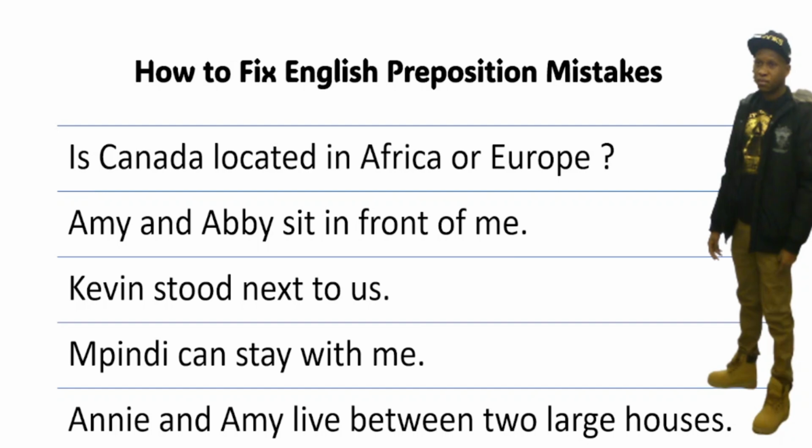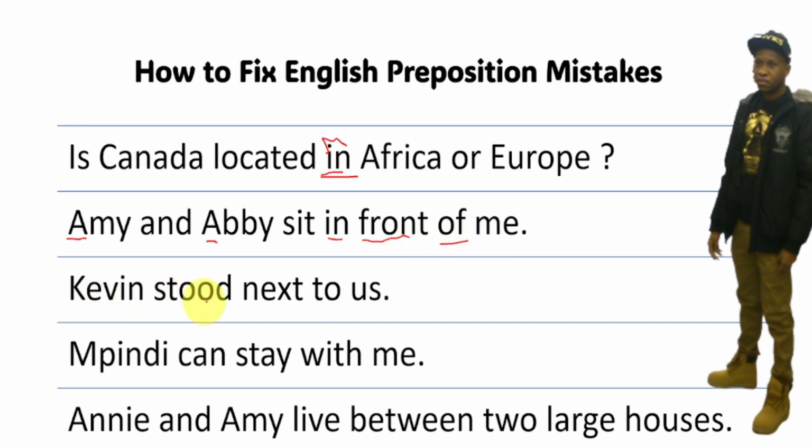So we're gonna look at the right answer. Is Canada located in Africa or Europe? In is the right answer. Okay, right there. This is the right answer. This is the one. Okay? If you take a look, this one, it's A, right? Amy and Abby sit in front of me.